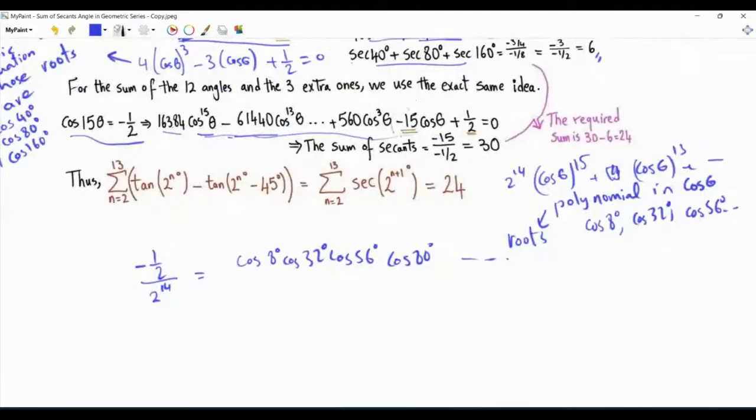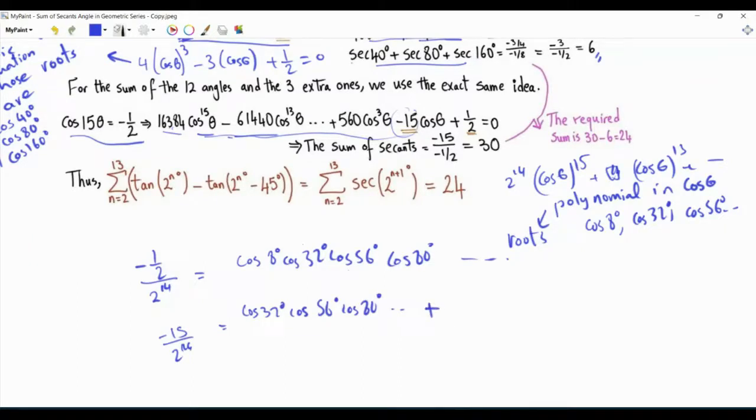What about this coefficient divided by 2 to the 14? So minus 15 over 2 to the 14. This will be the sum of the product of those cosines, excluding one of them at a time. So there will be cosine 32 degrees, cosine 56 degrees, cosine 80 degrees, excluding cosine 8.